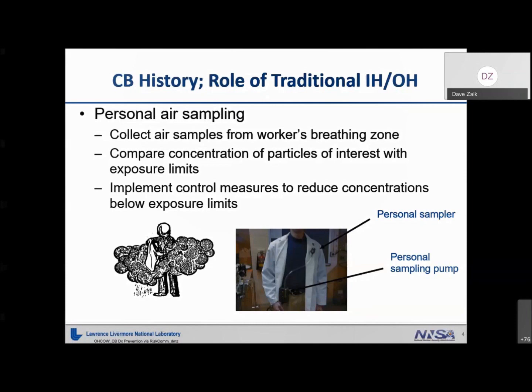And that result shows us that the worker is either safe at that level and the controls are appropriate, or it's maybe above that limit and more effort is necessary from the professional.